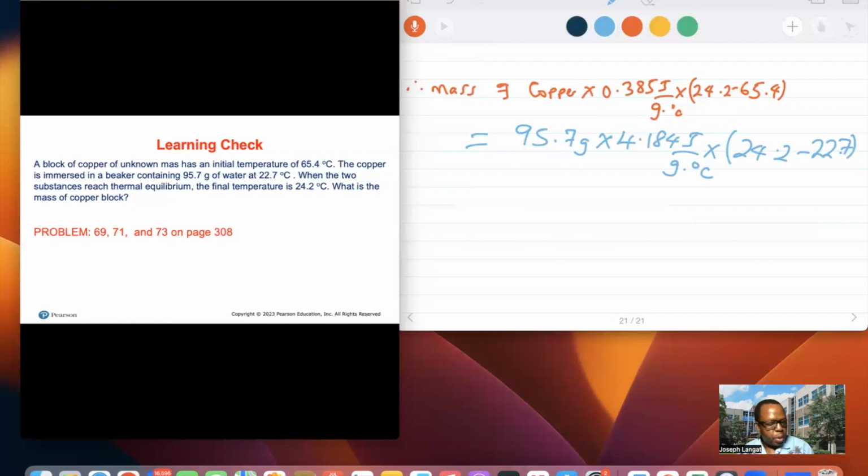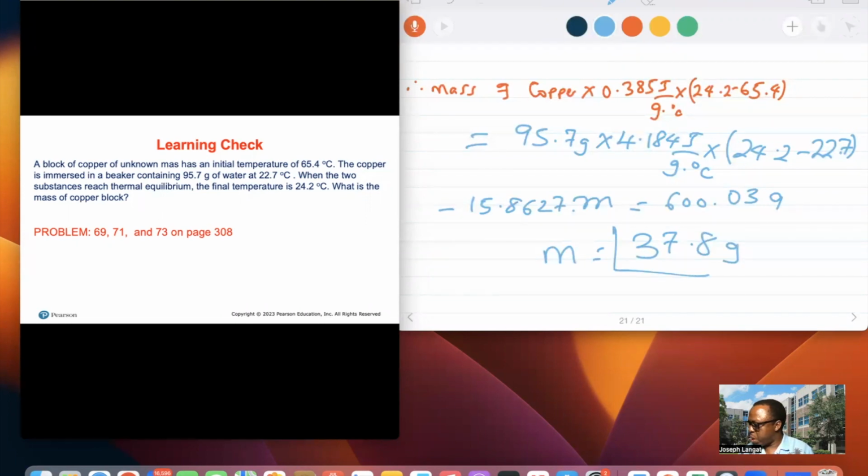This will be negative. Solving, the mass of copper equals 37.8 grams.